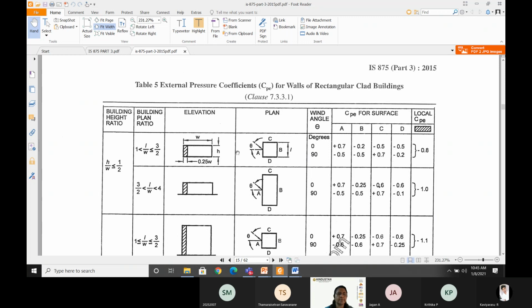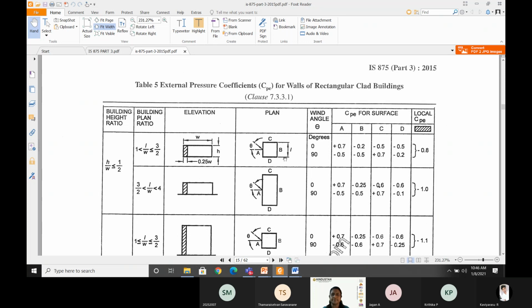If the building is a rectangular building and you have the building height to width ratio, H by W, if it is less than 1/2, then the plan ratio, length to width ratio, if the elevation is like this, and if the angle is theta, if theta is 0 degree and theta is 90 degree, then you have face A, face B, face C and D. In a building you have four different faces.